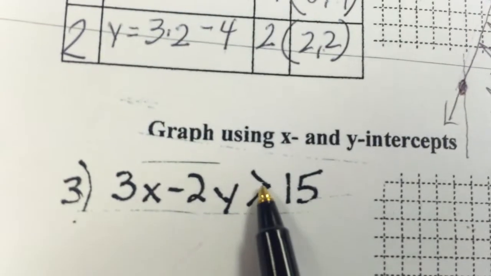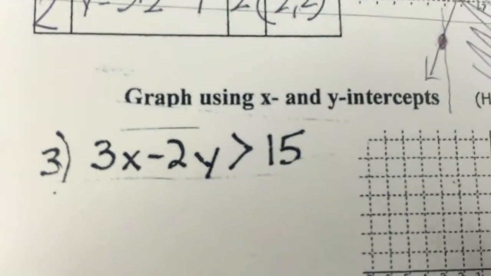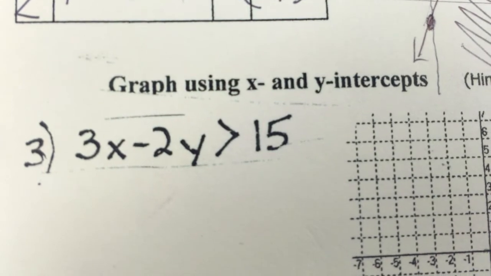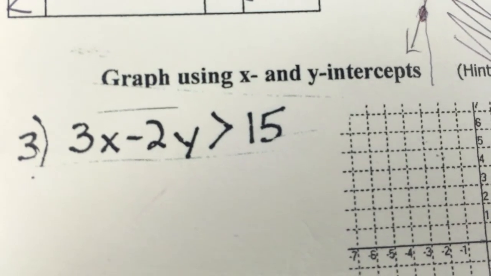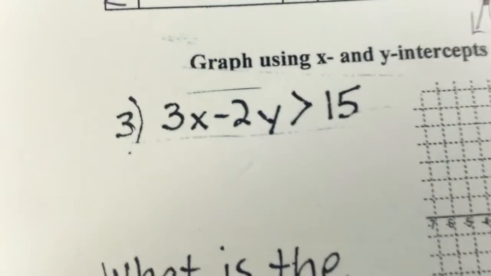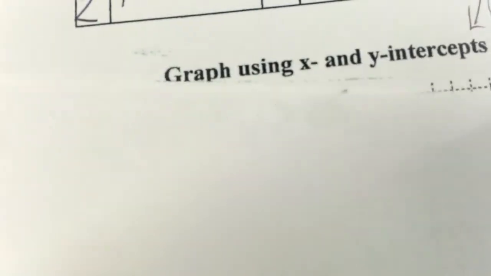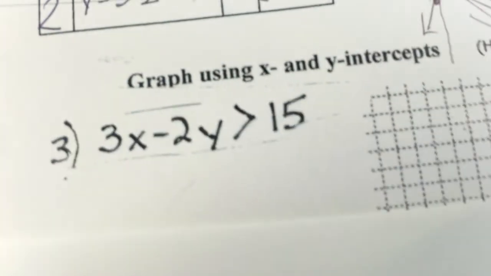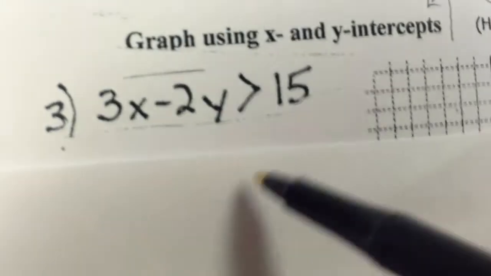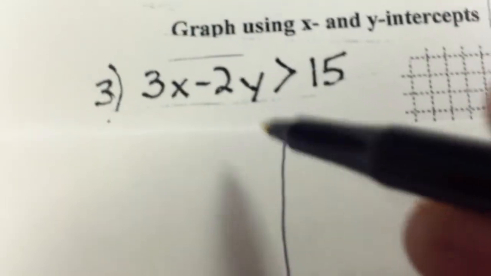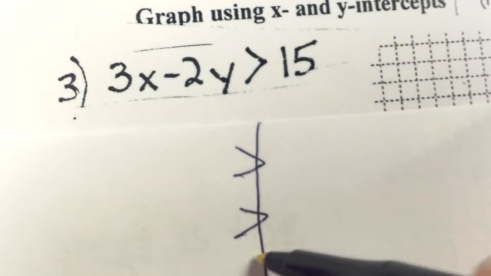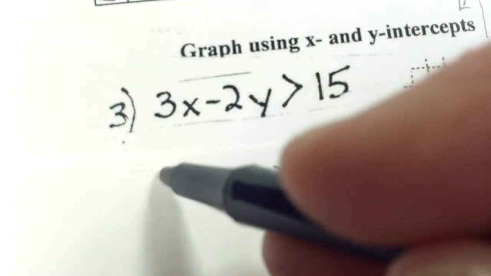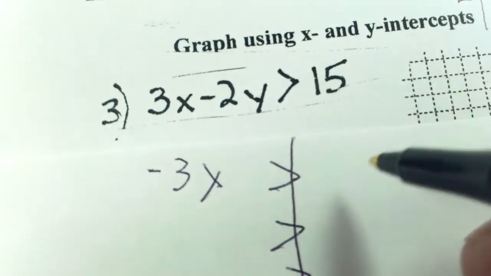Since it is greater than, and there's no equal sign, it's a broken line, but hold it, I've got to shade it, and it's not in slope-intercept form. So I've got to put it in slope-intercept form so my little trick works. So I'm going to get negative 2y alone. It's an inequality, so I'm going to do my fish hooks and my inequality symbol, and I'm going to remember my random rule. If I want negative 2y alone, I'm going to subtract 3x from both sides.